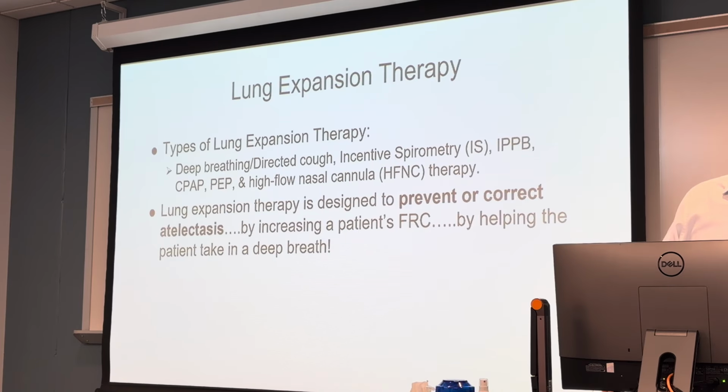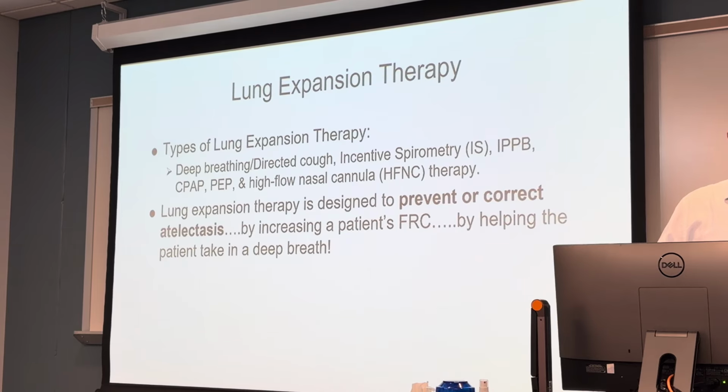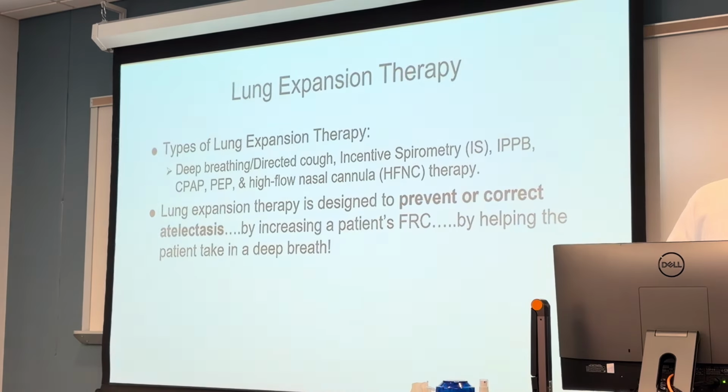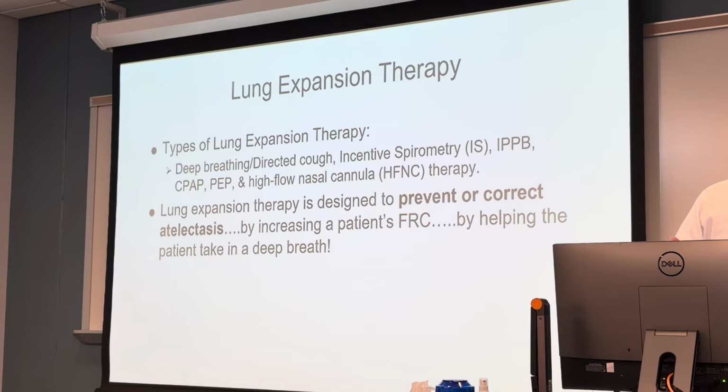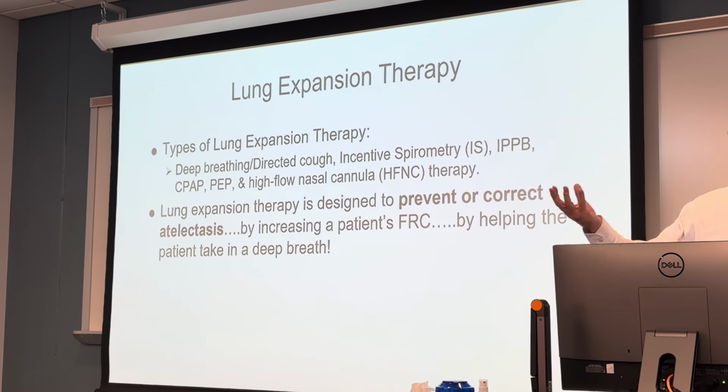IPPB, which stands for intermittent positive pressure breathing, is a therapy we can provide to assist with lung expansion. We give the patient a positive pressure breath, just like a mechanical ventilator delivers a positive pressure breath, and it forces the patient's lungs open, forces the patient's lungs to expand. CPAP therapy, continuous positive airway pressure, is a similar concept with pressure.